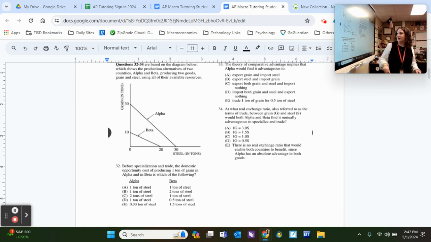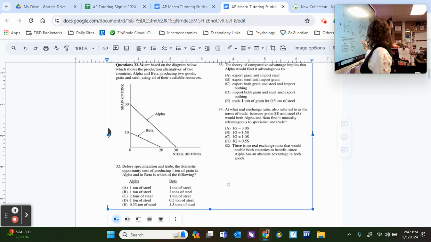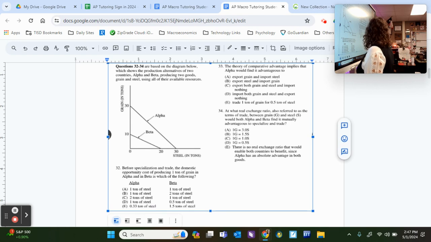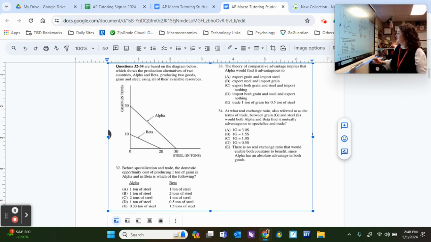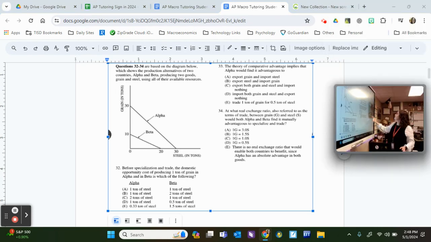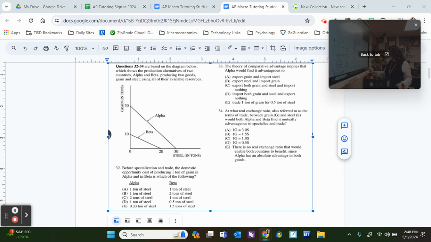So to set up this question, I will put it in a table format if we remember how to do this. So we have alpha. Where are my pen tools? Oh, I swear to God, nothing's ever working. If this doesn't work, I don't know what I'm going to do. Try not to mute it this time.